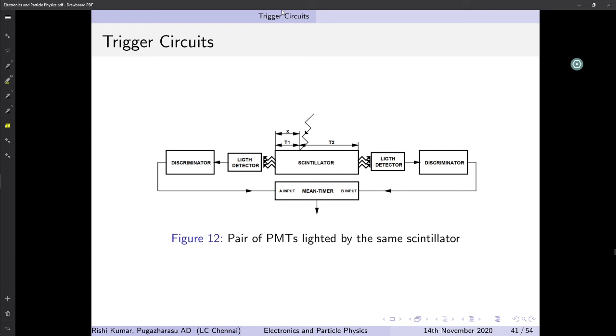And the mean timer usually uses photodetectors, where you have the same scintillator going to different photodetectors, and it can be used to calculate the point of incidence of the particle on the scintillators, because its output is basically proportional to the mean arrival time between the two input pulses. So you have two different input pulses and it arrives at this point.